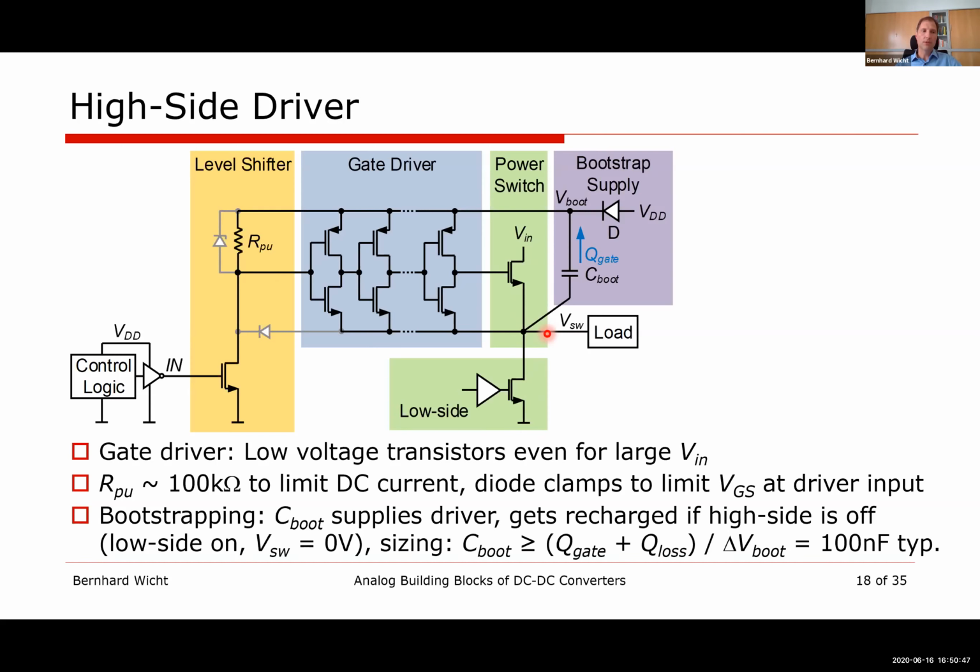If you keep short connections and also the bond wires very short, or even flip chip, chip scale packaging, that helps. However, if you have discrete transistors, then you easily get a few nanohenries of inductance, and then you get ringing.